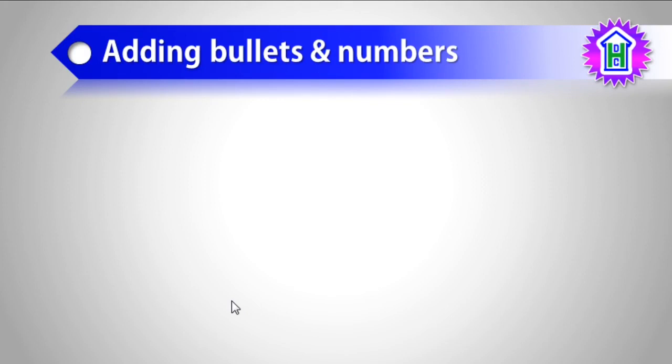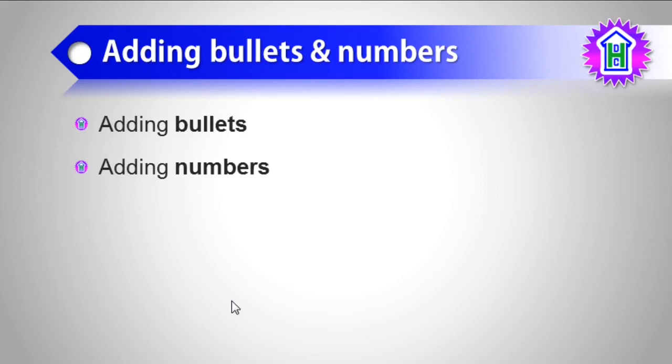So let us see how we can apply bullets and numbering. So first we are going to add bullets to a set of text, and second we are going to add numbers. So let us move to Microsoft Word.